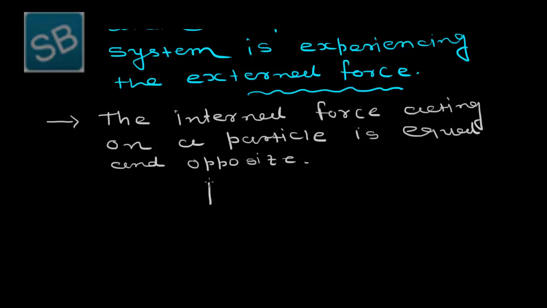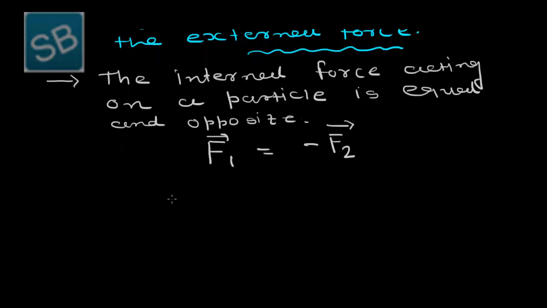Because suppose F1 is acting on particle 1 and the force of particle number 2 is acting on the first particle. So both have equal and opposite values, and with this F1 plus F2 will be 0.